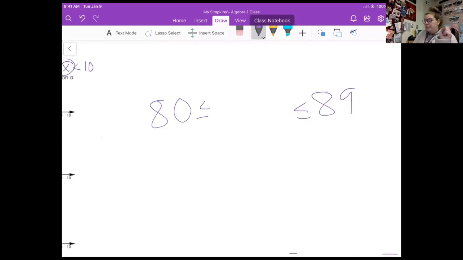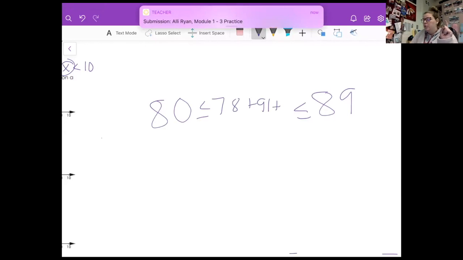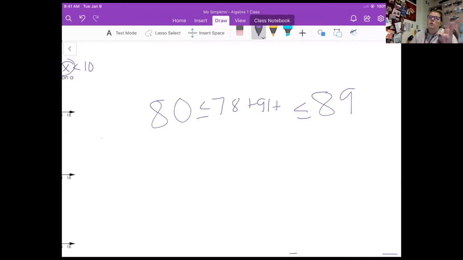She knows she got a 78, plus she knows she got a 91. She does not know what she got on the third one. So we're gonna use a variable. What variable do you wanna use? Sounds good. But we need to divide all of that by how many tests she's gonna take. So she's gonna take how many tests? 3. And that's going to give her average.